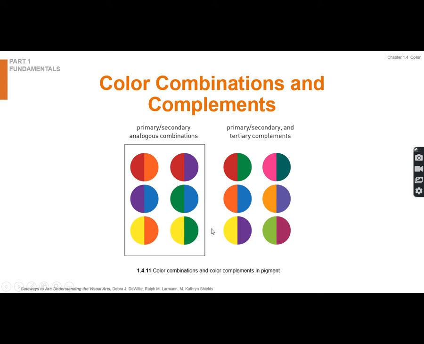So some things create contrast, but these colors here are the three that kind of are, and these are just two versions of them: red and green, blue and orange, yellow and purple. These are complementary colors. Complementary colors are across from each other on the color wheel, and that means they are the most contrast against each other.